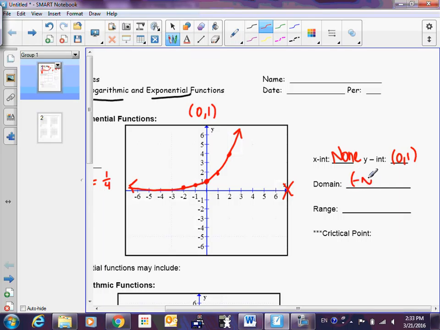Yeah, -infinity to infinity, all real numbers. The range, though, is not all real numbers. 0 to infinity, and we know we always have parentheses on infinities, but would I have parenthesis or bracket on the 0? Parenthesis. Because there's no point, even the way I graph this, there's no point that actually hits the x-axis. It just gets really, really, really close to.